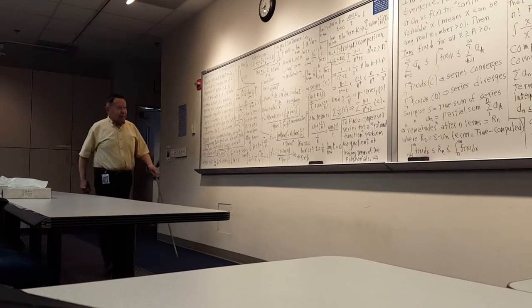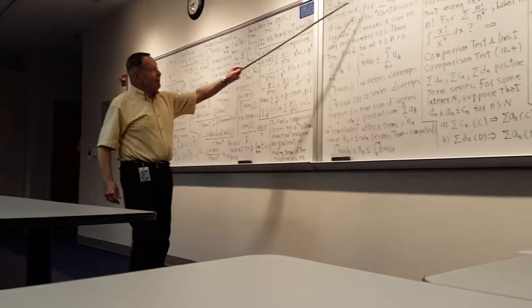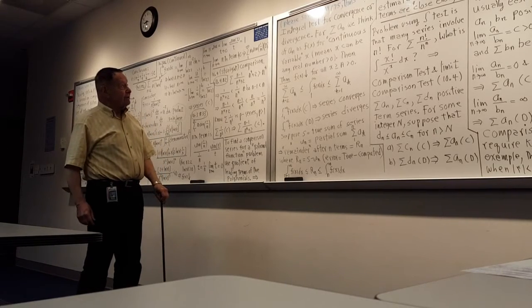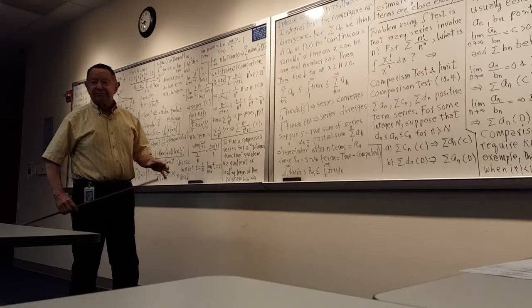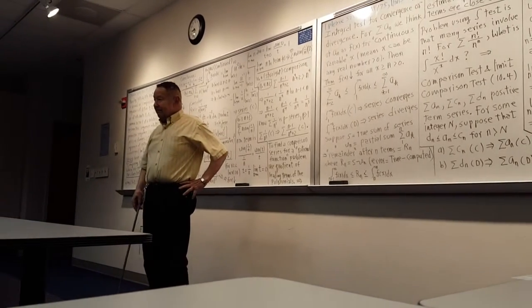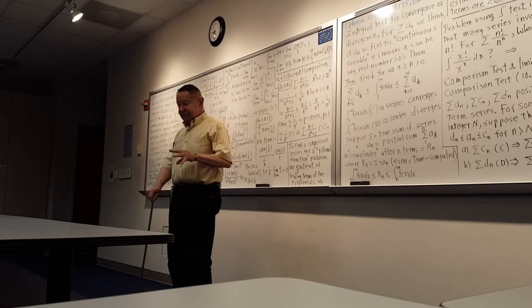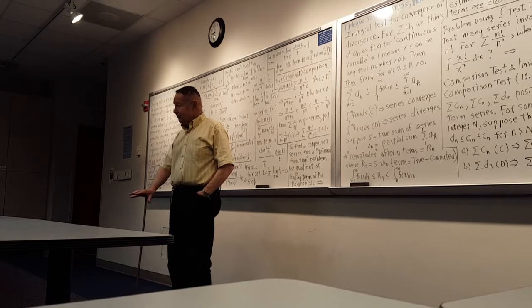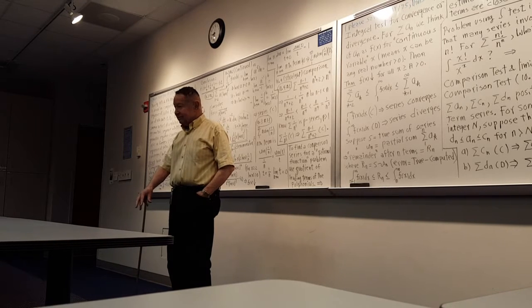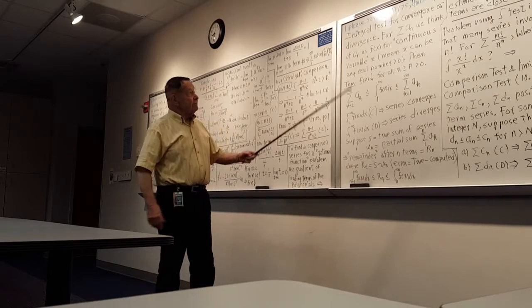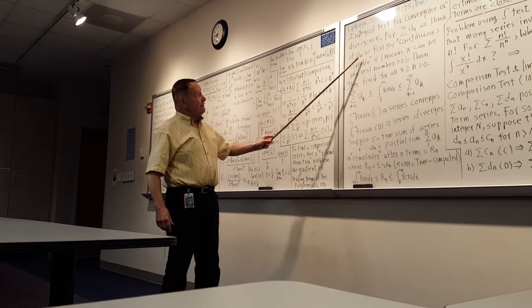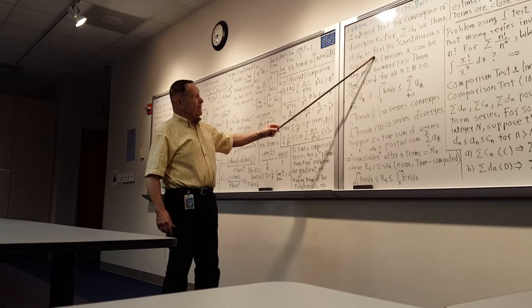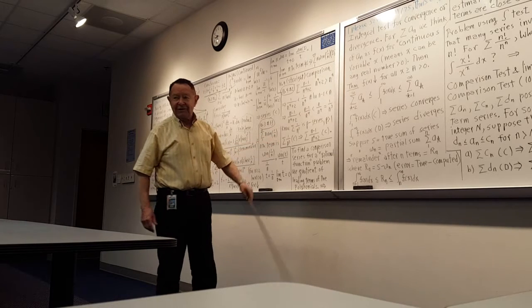So let's pick up with that. Again, the integral test for convergence or divergence requires basically that we can integrate a function of a continuous variable x that's in the same form as the general term of the series. So we think of the general term an in our series as f of x for a continuous variable x.